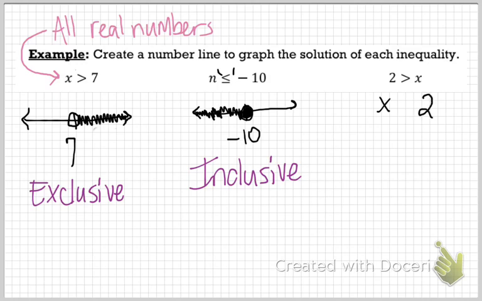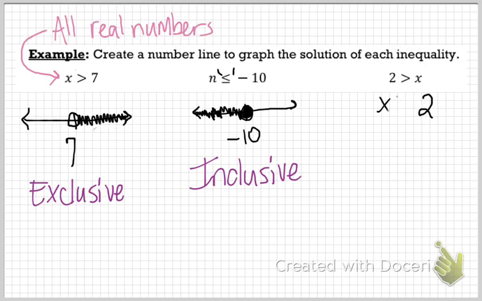Well, keep in mind that if I copy the inequality the way it is, it doesn't have the same meaning as it did here. And to paint you a picture, notice where the opening is at. So I'm going to draw a shark or a fish. This fish is eating the 2. So if I do the same idea here, draw my fish, this fish is eating the x. So it doesn't have the same meaning.